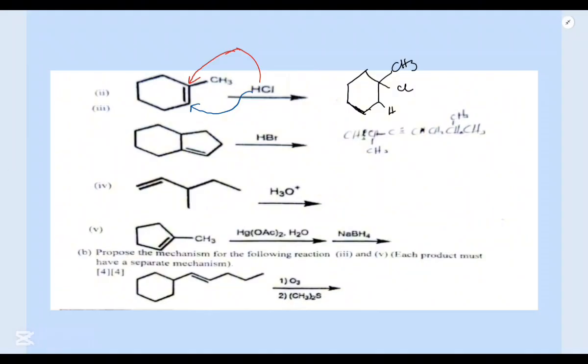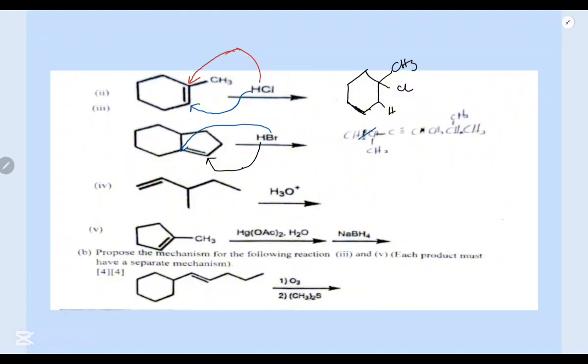Question B, also the same thing. The hydrogen will be added where there is a lesser number of hydrogens on this double bond. Here there are fewer hydrogens, here more hydrogens. Then the bromine will be added to a position where there are fewer hydrogens.